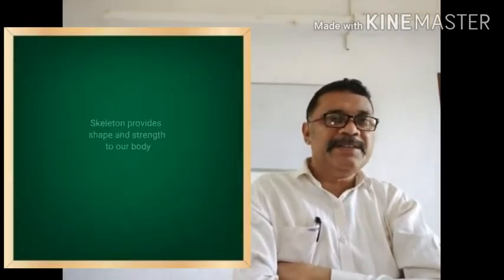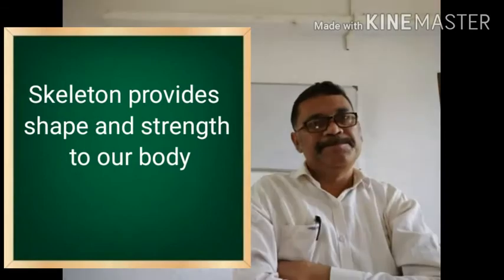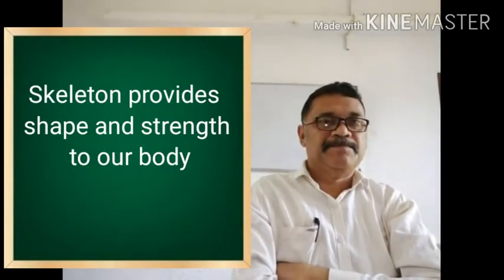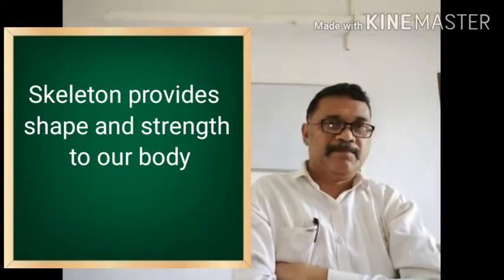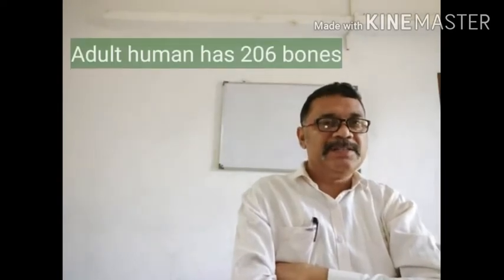That means, first important fact is that skeleton provides shape to our body. Then it provides strength to our body. The human body has 206 bones. Adult human has 206 bones.